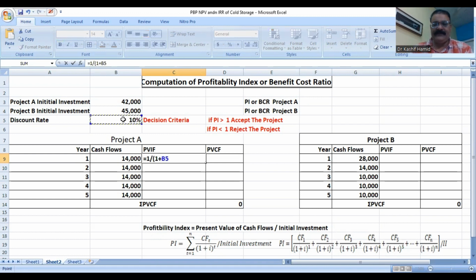Interest rate is 10%, and we will fix the interest rate. It will remain same for all years, but years will rotate from first year to 5th year. We will close this function after this computation.